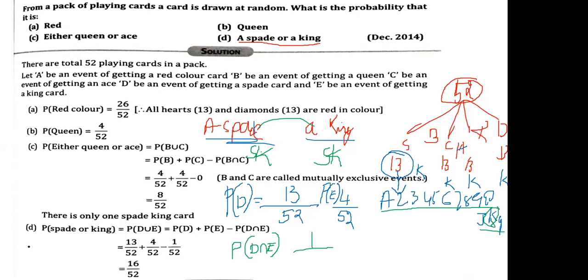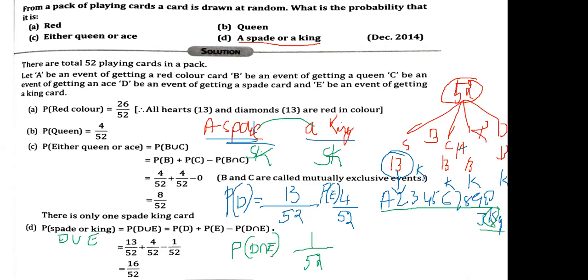So if you see here, a spade or a king card, this is D union E. D is the event of getting a spade card. E is the event of getting a king card. Okay. Now here, out of 52 cards, one card is common between spade and the king. And that is what we have considered.